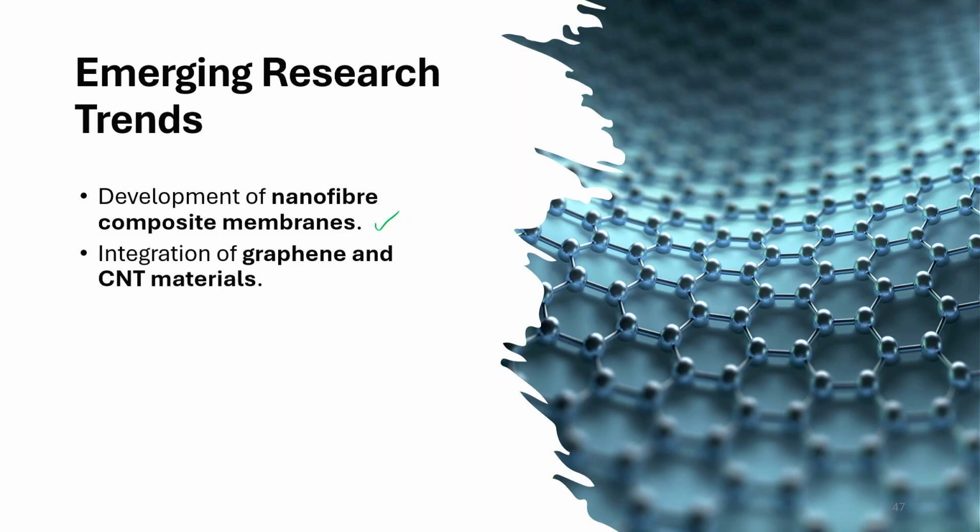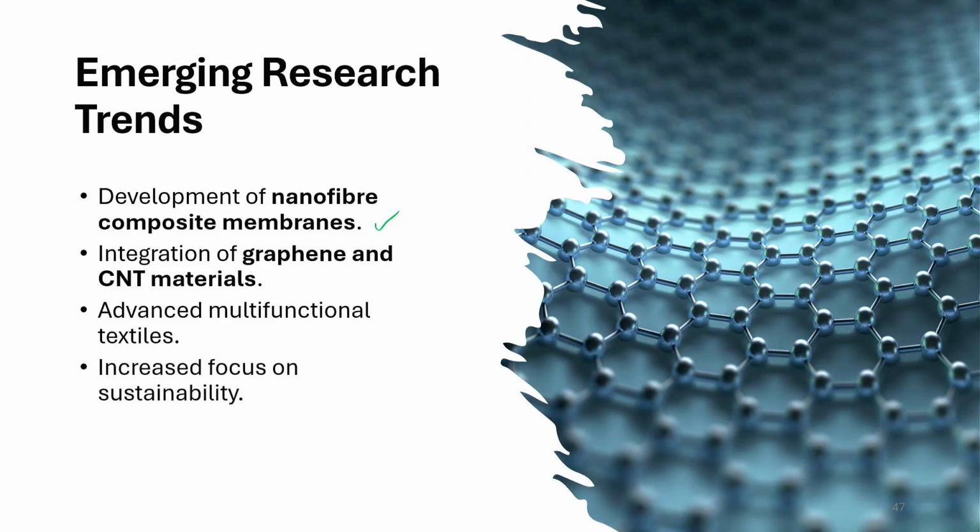There is also integration of graphene and carbon nanotube material within the textile fiber to enhance its different functionality. Advanced multifunctional textiles are used. In advanced research we focus on sustainability.